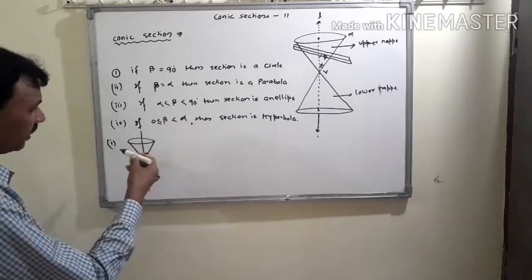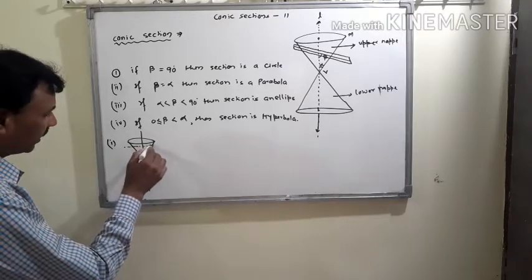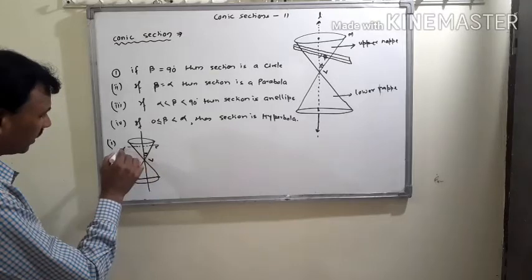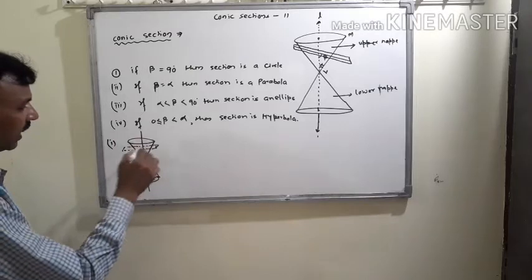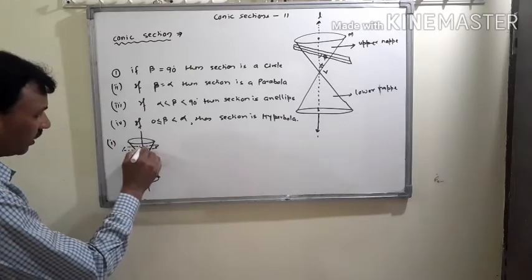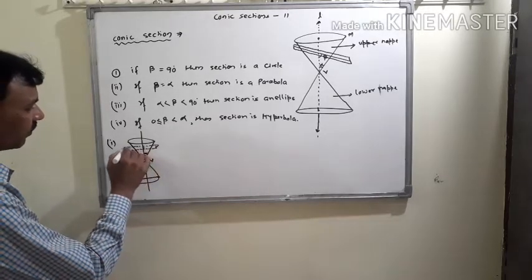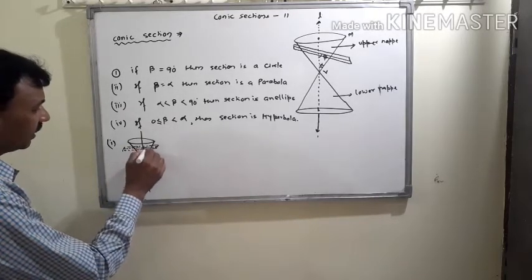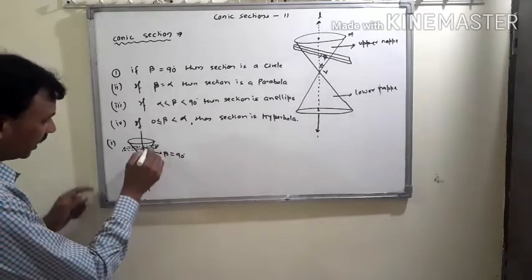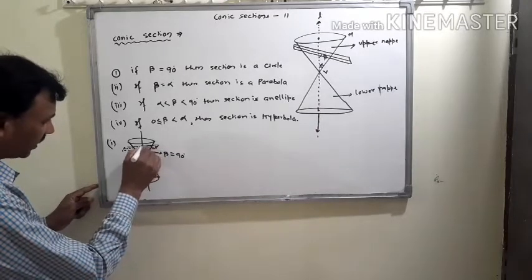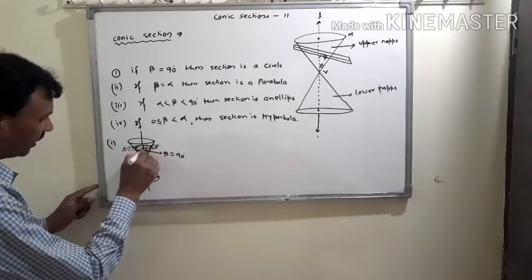Suppose this is a plane and it cuts this nappe, where this plane and this axis are perpendicular, that means suppose this angle is beta and this angle beta equals 90 degrees, then we will find a circle like this.